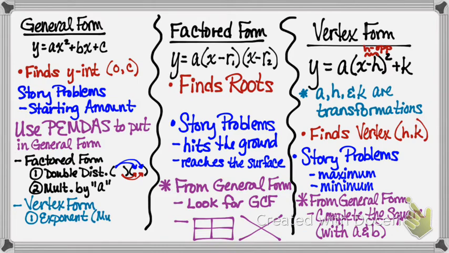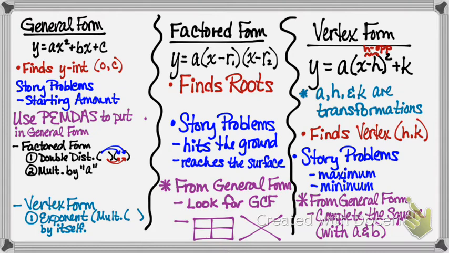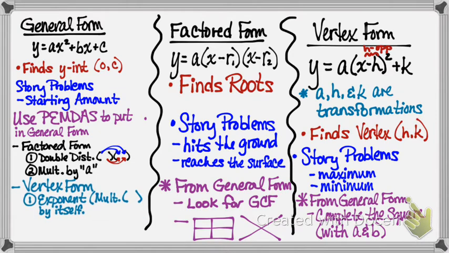So I will multiply the parentheses by itself. Then I would multiply by A, and then I would add or subtract K.